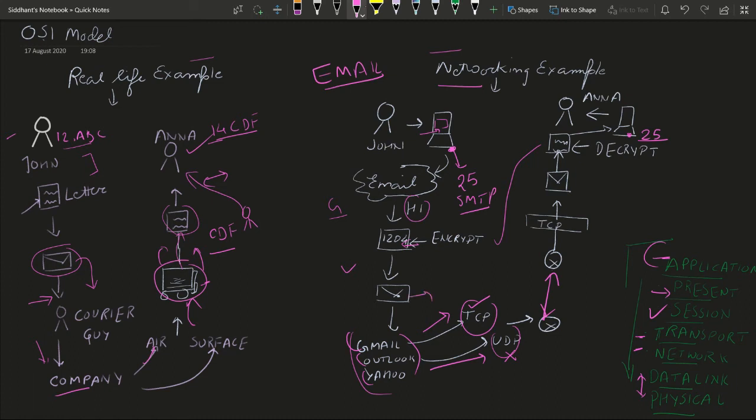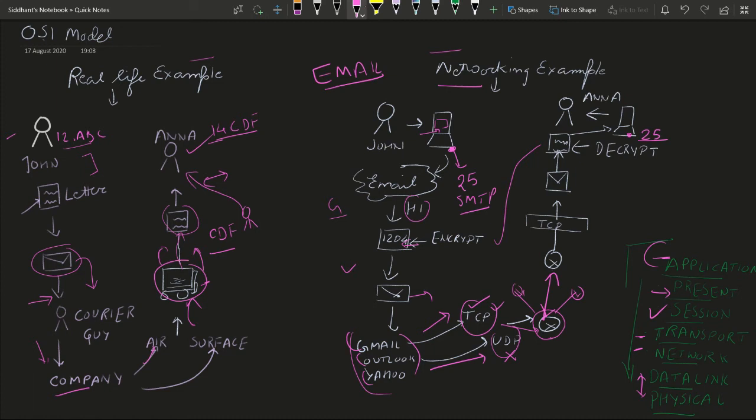So the application itself will pick which protocol to use to transport that email. Suppose it picks TCP as preferred, then the data will be sent to a router. Now this router will decide. There will be many routers between Anna's and John's computers.